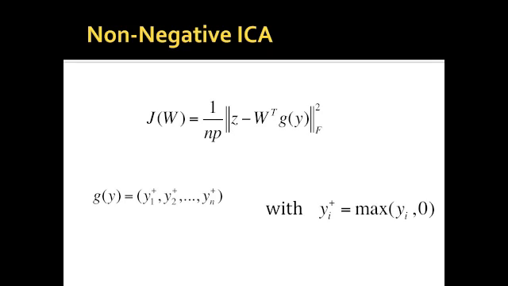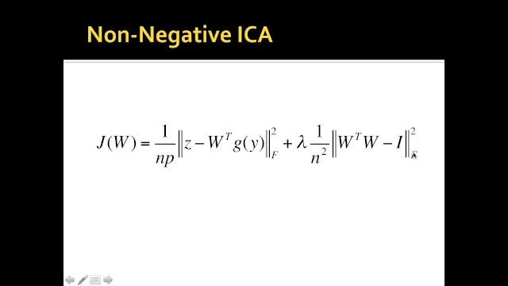So let's assume that our cost function for W is minimizing the distance between the non-negative estimates and the whitened space. Non-negativity here is done by only truncating the negative parts of the estimates. So the nonlinear function that we always used in classical ICA is just a truncation of the estimates.